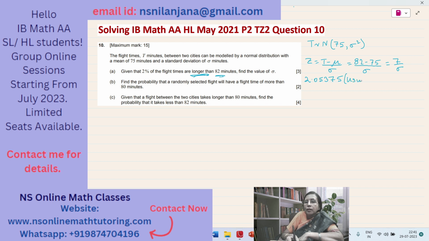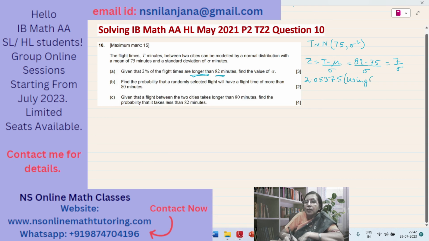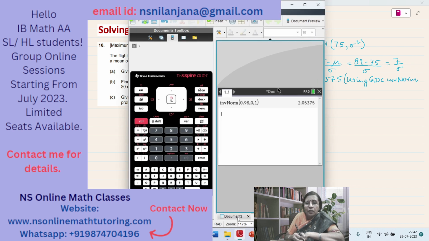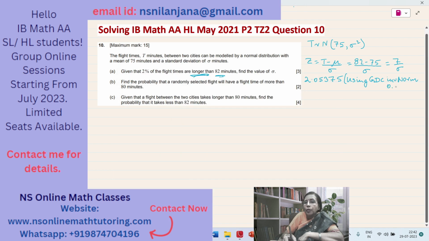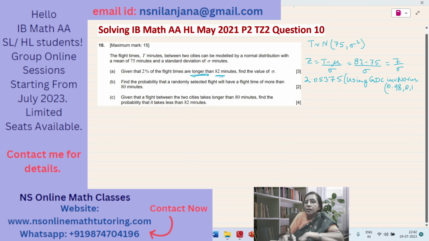Using GDC, I write inverse norm of 0.98, 0, 1, with these three parameters within parentheses.